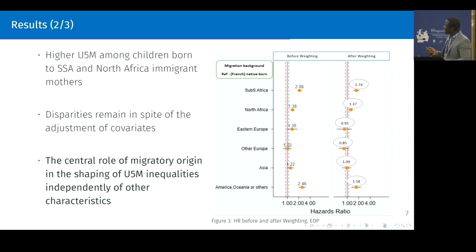You can see that disparity remains in spite of the adjustment of our covariates. This led us to conclude that migration background plays a central role in the shaping of under-5 mortality inequalities independently of other characteristics.